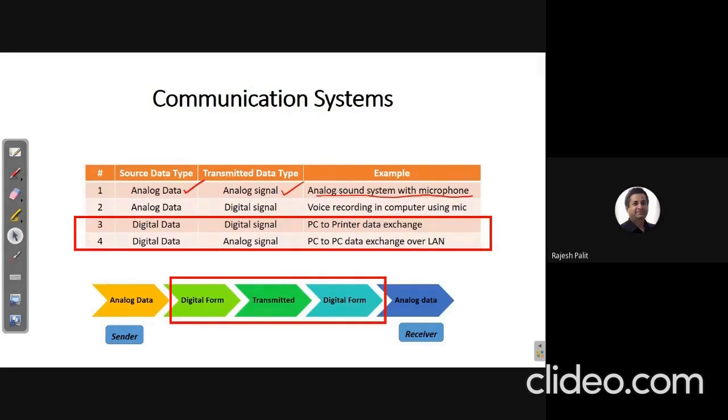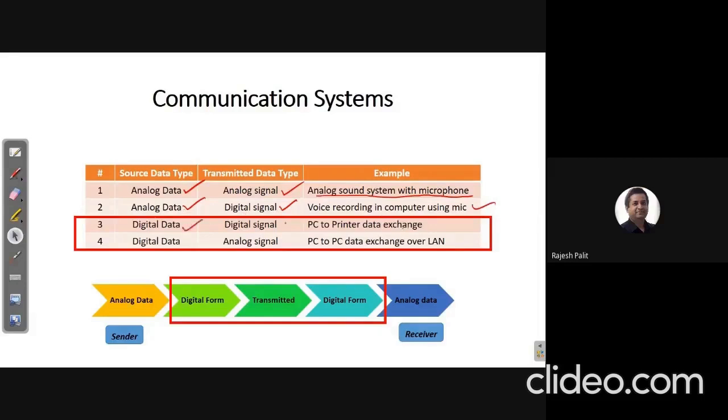So that is the analog sound system. Or say analog data, digital signal. When we speak to a computer and record it, that is voice recording in computer using mic. So analog data, digital signal.